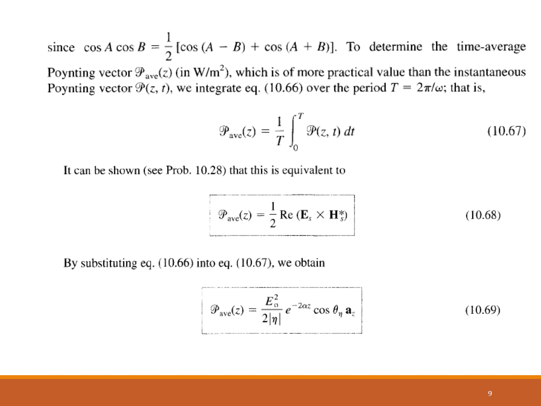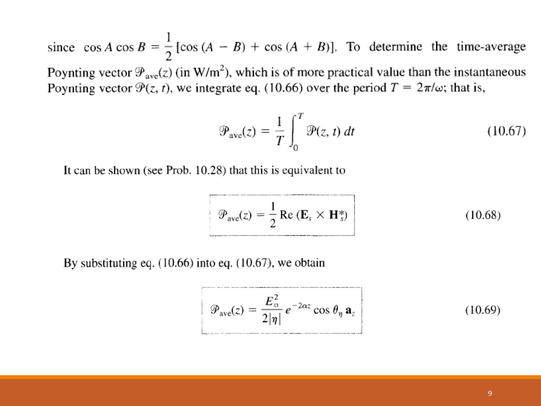The form is P average of z. I'm sure you're familiar with this equation. It is obtained as 1 by T integral 0 to T of P of z,t dt, where P of z,t represents the instantaneous Poynting vector. If you integrate it over the period T, the resulting equation corresponds to the time average Poynting vector.